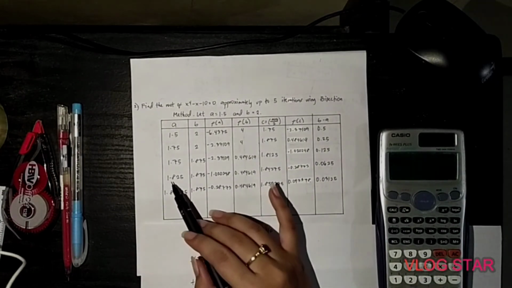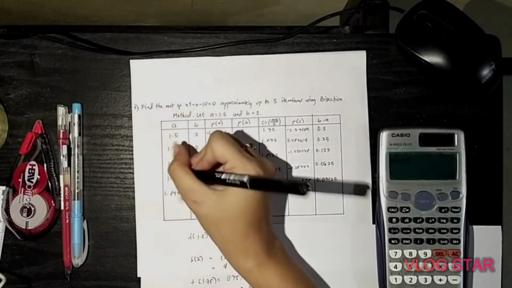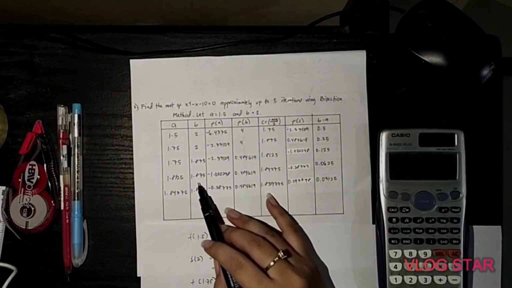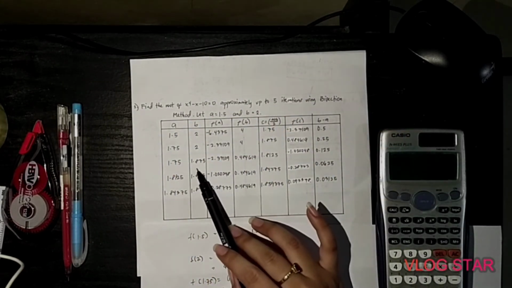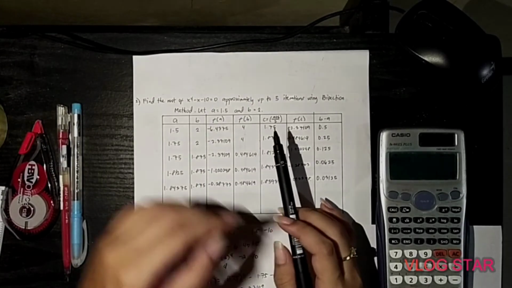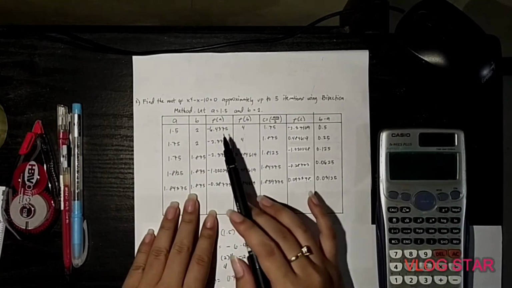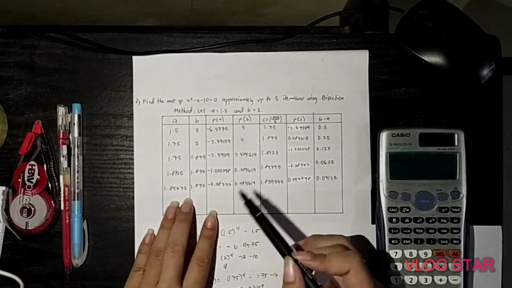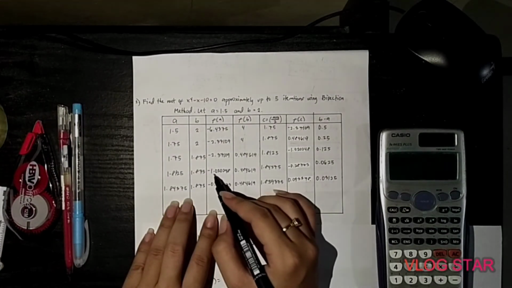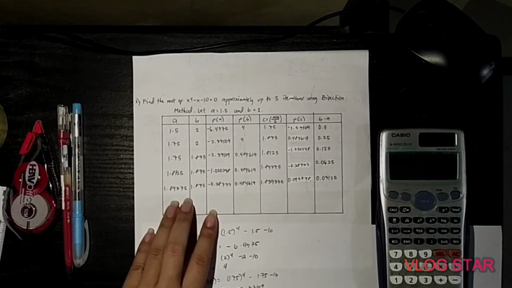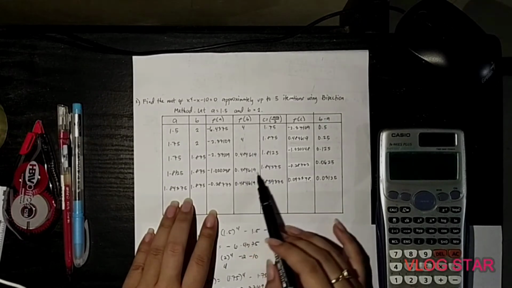So copy 1.8125 and copy the b, and if you're going to substitute the value of this one to the x, you're going to get this negative 1.020248, and the function of b will remain the same.